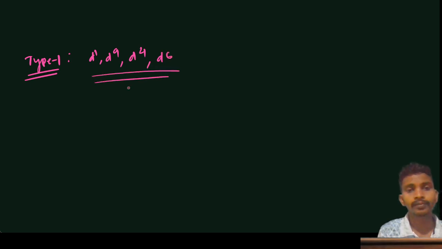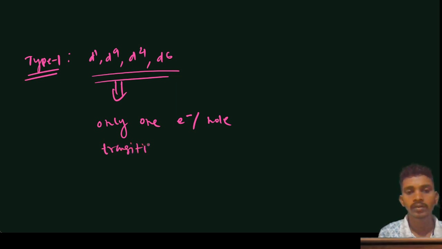For this type 1, only 1 electron or 1 hole is possible, that is d1, d9, d4 and d6, only 1 electron or hole transition is possible.